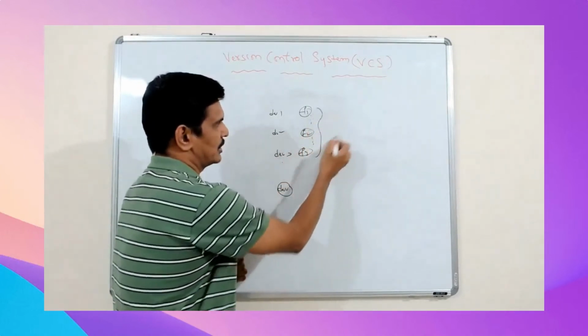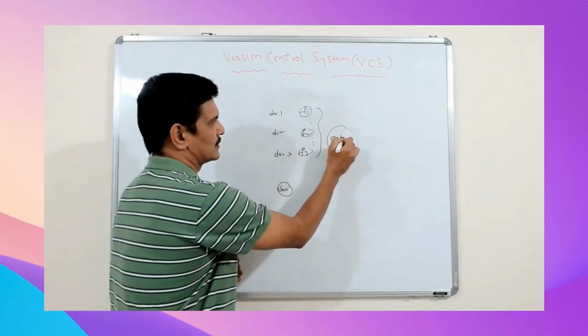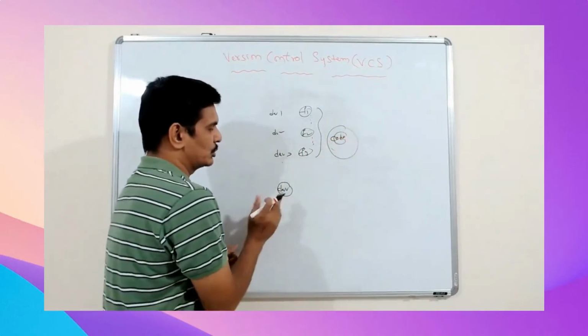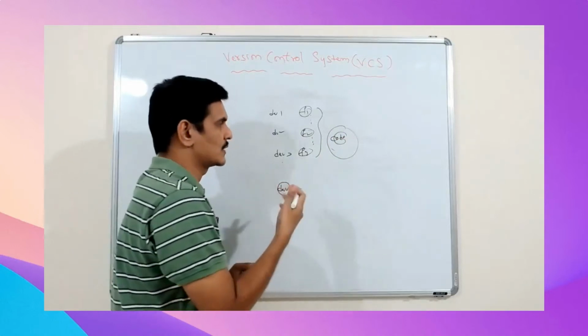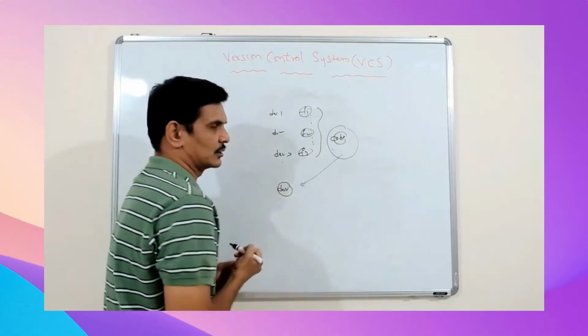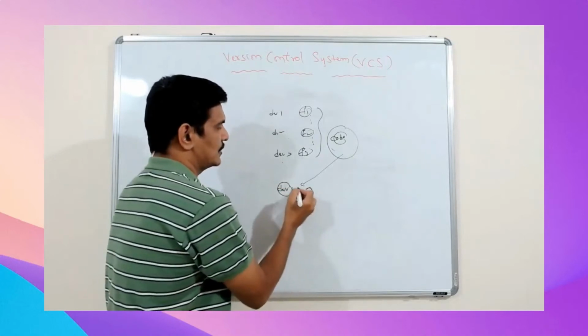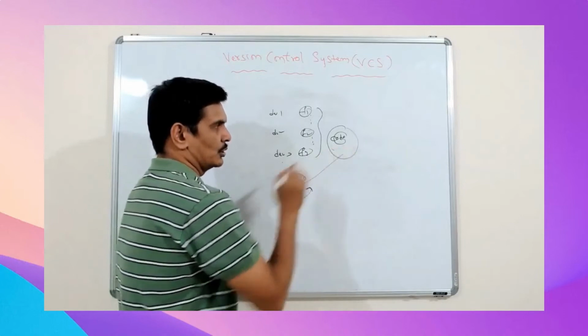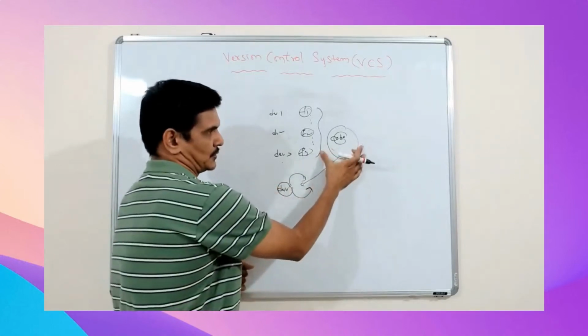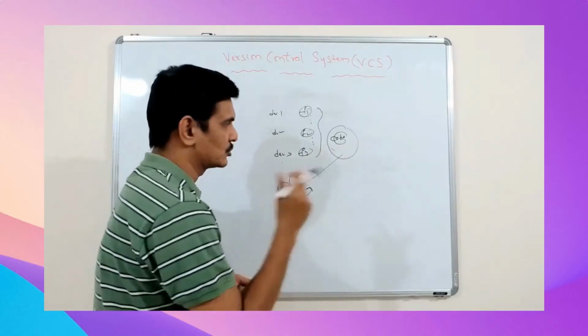The whole code is available in some common place. Suppose the new developer wants to add new code or changes; they get that code from this common place, make some updates or modifications, and then send that code back to the common place or common repository. In that case, there is no tracking here.